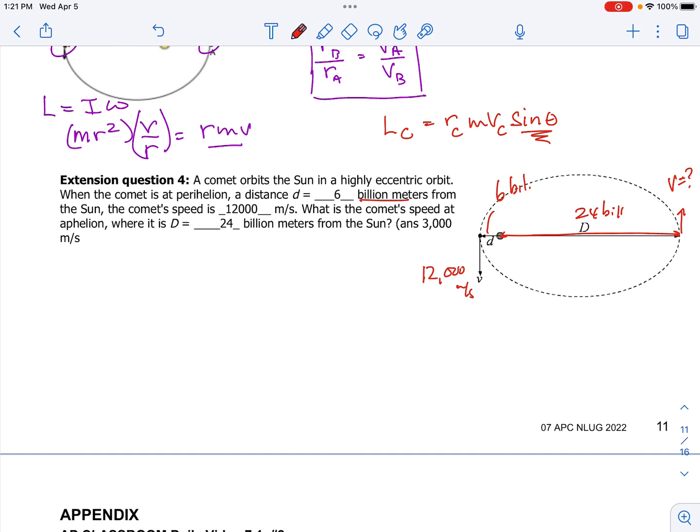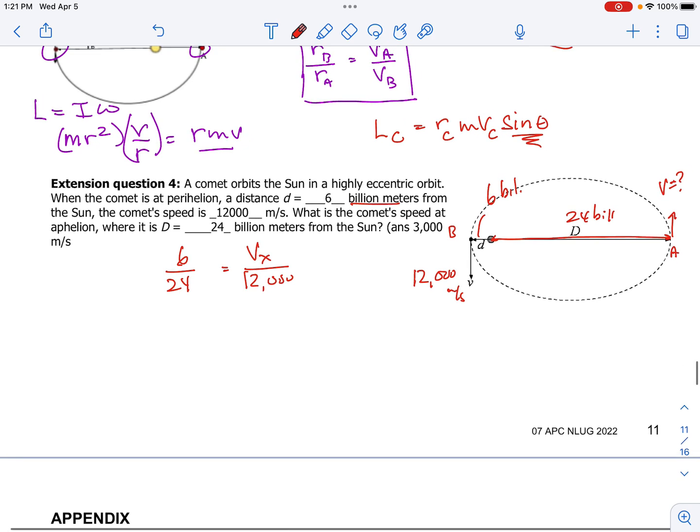That would be my question mark, and I would simply set up a ratio. We'll call this position B and this position A, and that would be 6 billion is to 24 billion as the velocity at the unknown position is to the velocity here. So again, that inverse relationship, and you can solve for that speed. That's just your extension question.